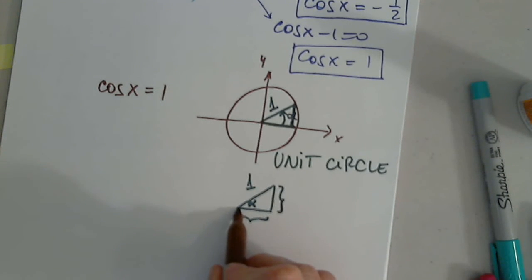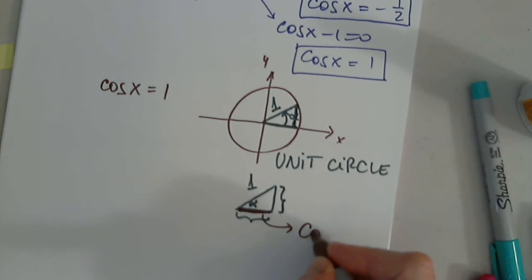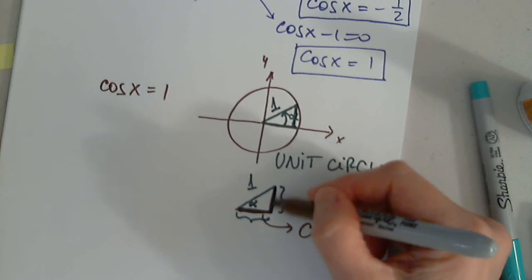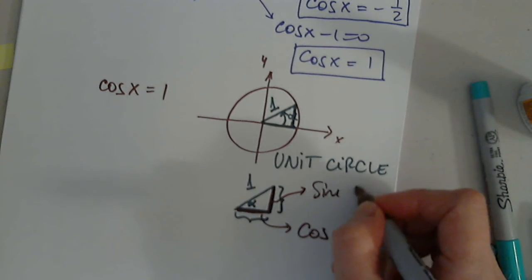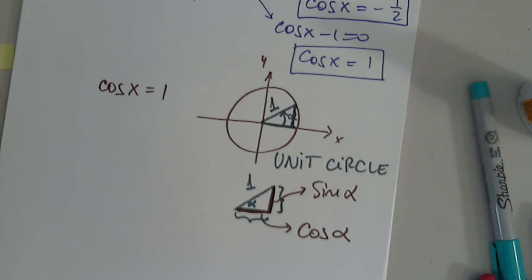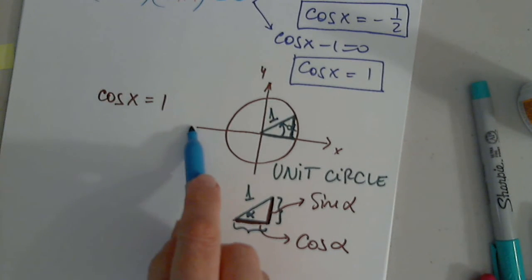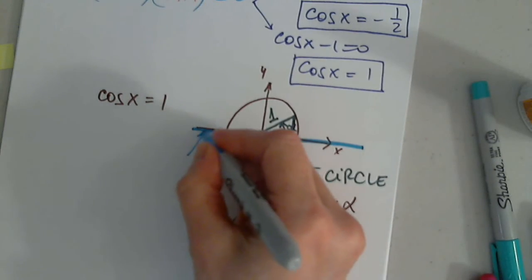Cosine is on the x. Correct, because this is the adjacent. For adjacent is cosine alpha. For the opposite will be sine alpha. So this is another very important concept to remember. Here on the x-axis, we measure cosine.